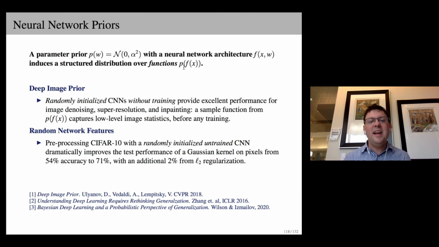And so this is really saying that this induced distribution over functions is fairly reasonable. And in a way, it's not surprising, because the properties of the induced distribution over functions come largely from the functional form of the model. That's really a big part of the prior: translation equivariance, the similarity metric that we get for different images, et cetera. This is going to come mostly from the functional form of the model.